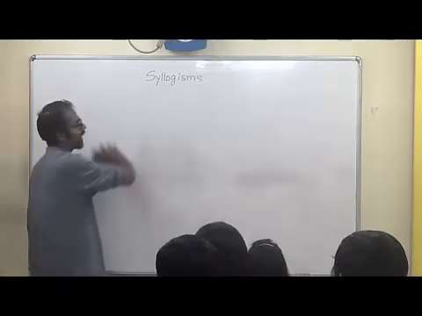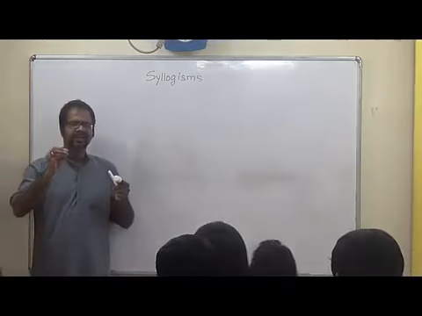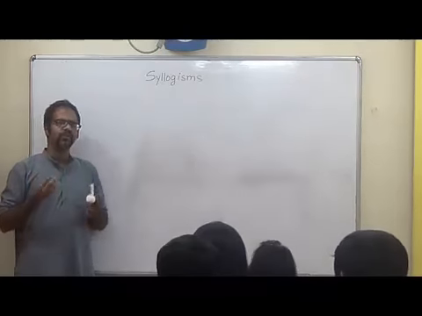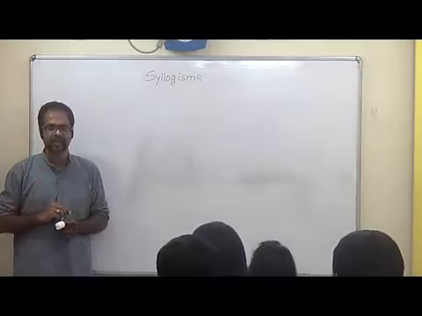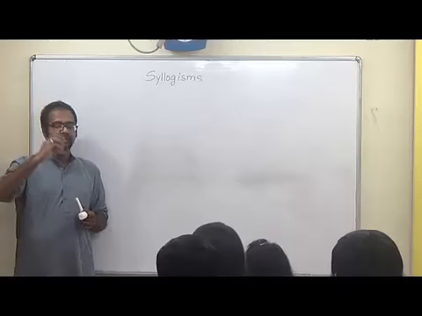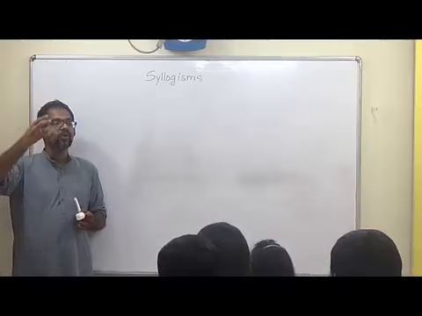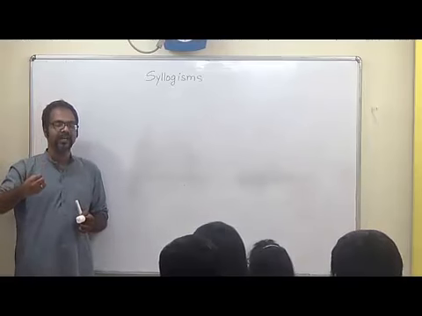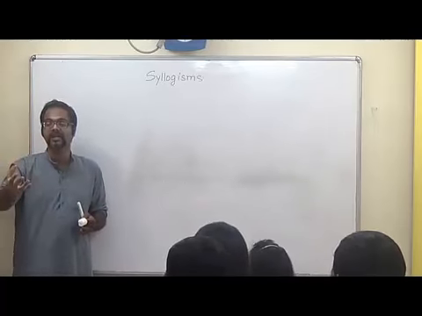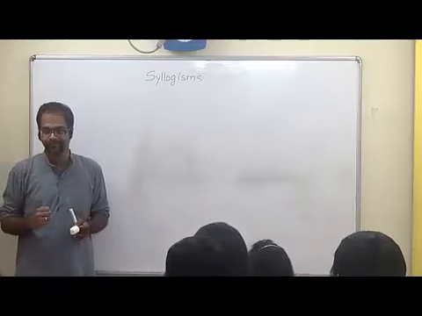What comes in syllogisms? Typically, you would be given a set of sentences. Whatever number of sentences are given, 2, 3, 4, 6, you have to combine 1, 2 or 3 sentences to find out what possibility, what conclusion you can derive.